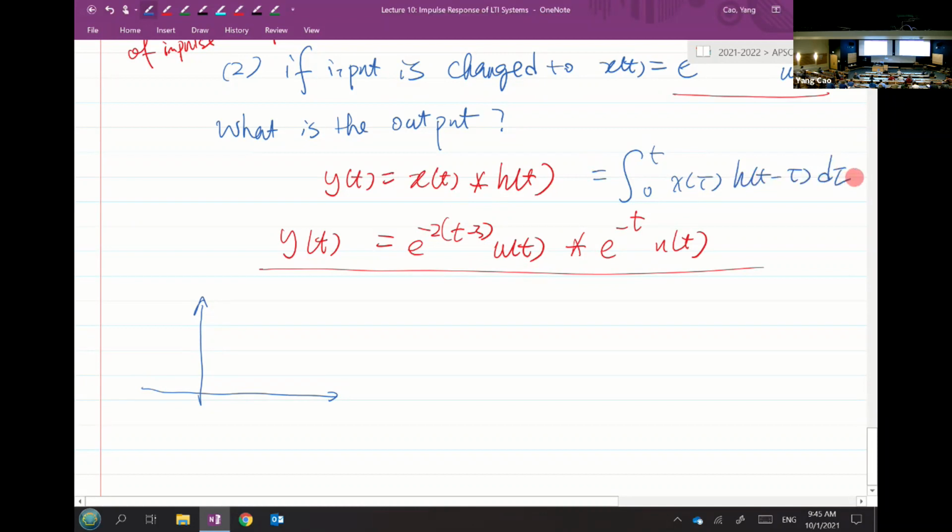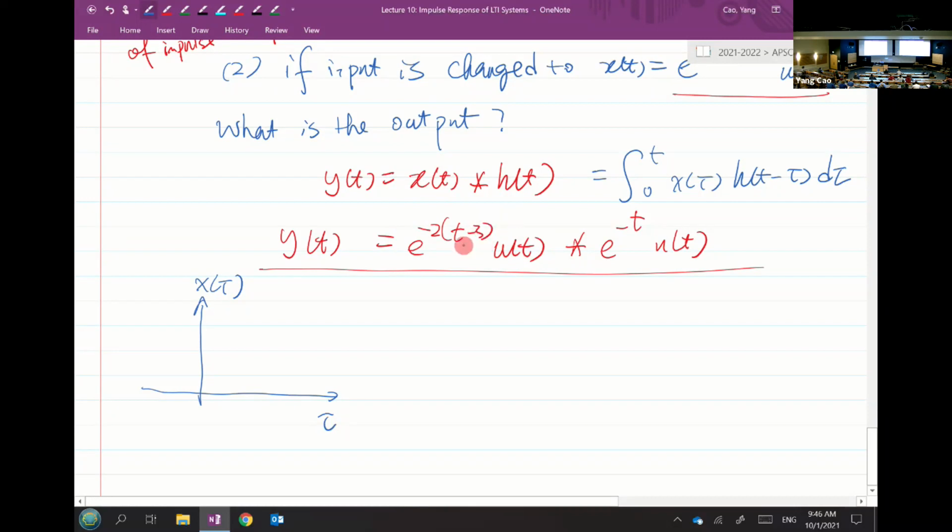So graphical approach, x of tau first. To graph x of tau, here's your function x of t. We know it's an exponential decay function.